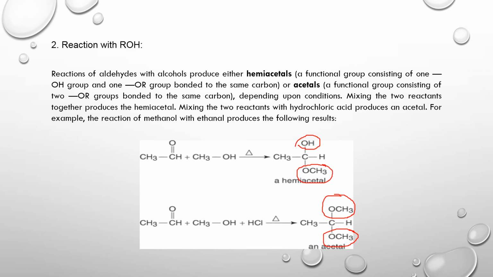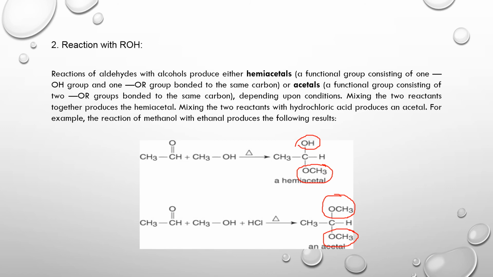It is a complete conversion to acetal that takes place in the second reaction, because here we have added HCl to that reaction. In the hemiacetal case, HCl is not included. In the presence of HCl, acetal formation takes place. In the absence of HCl, hemiacetal formation takes place.